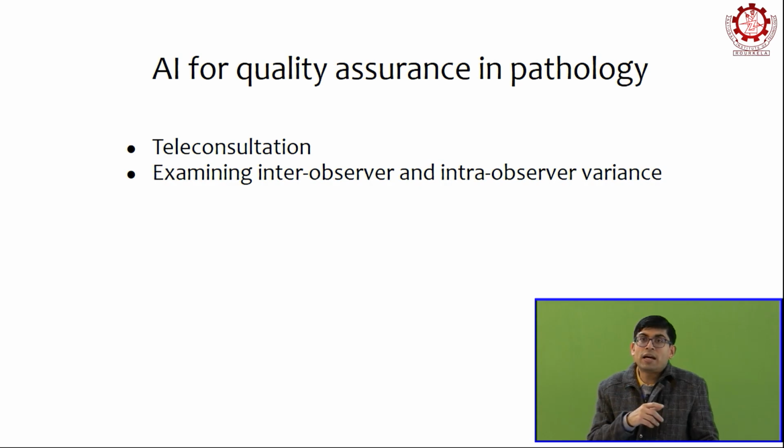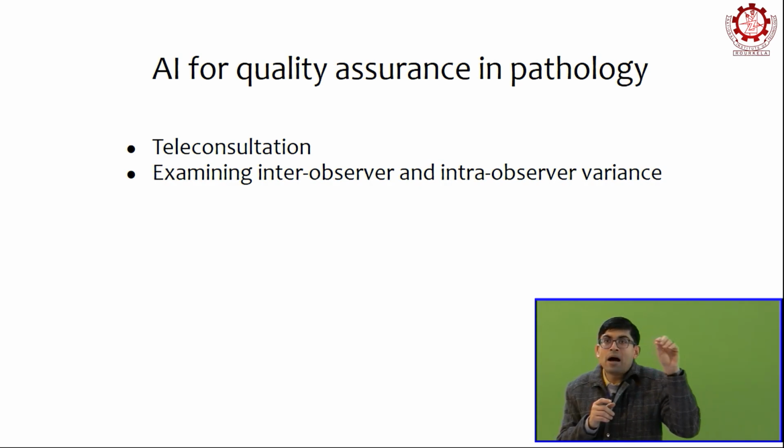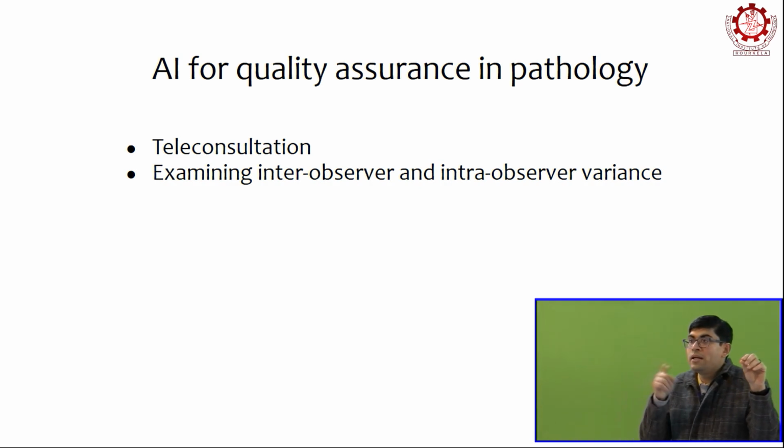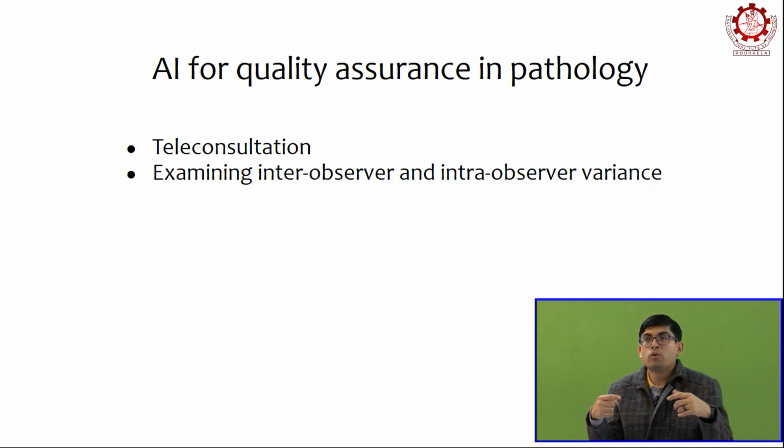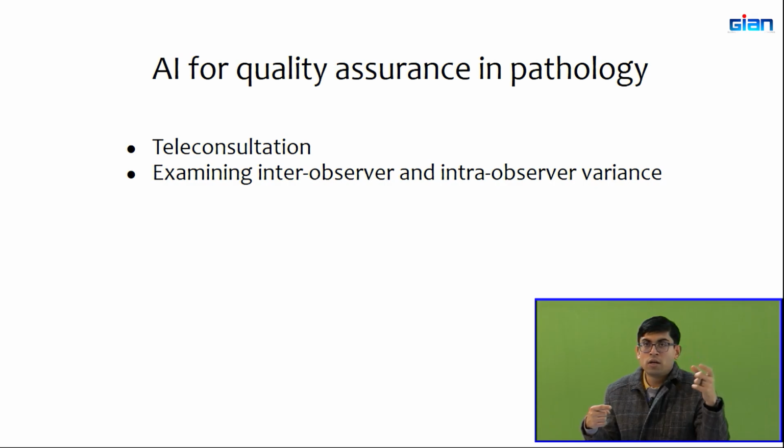Now that it's digitized, they would have marked the problem areas, and they can immediately pull up that slide on the computer and go back to the problem areas and see if there's something that they missed and correct that, right. So that's basically intra-observer variance.